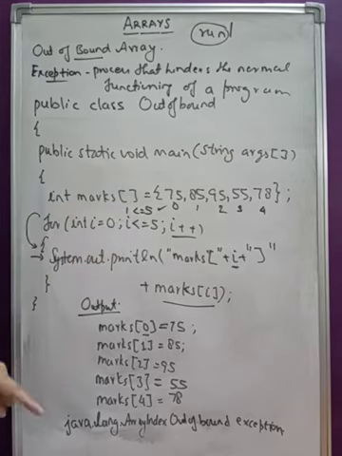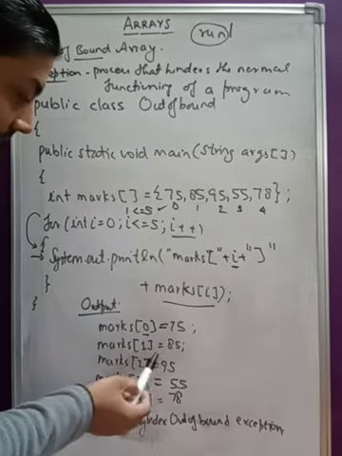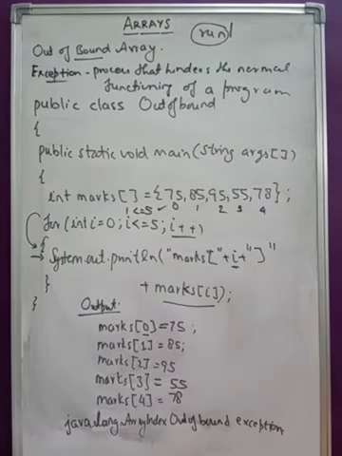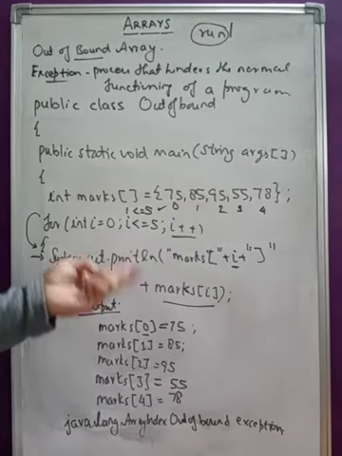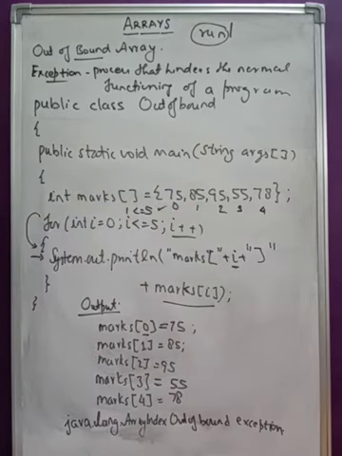Now 1 is less than or equal to 5, so the condition is true, and again the value is printed. The value on the first index is 85, so 85 is printed. In a similar way you will go until index number 4.